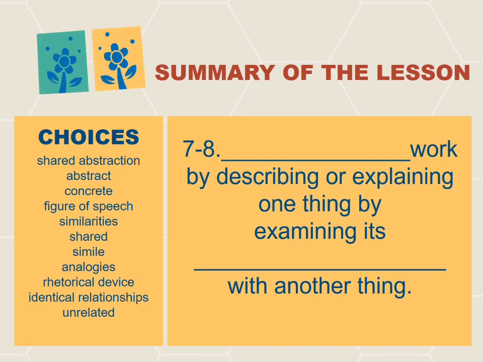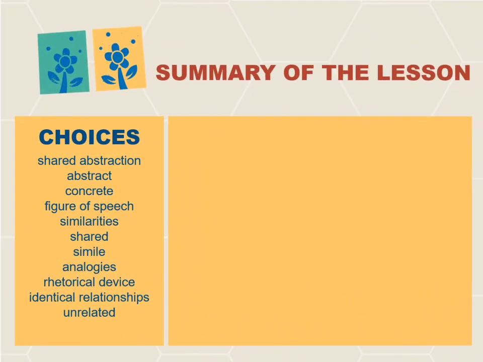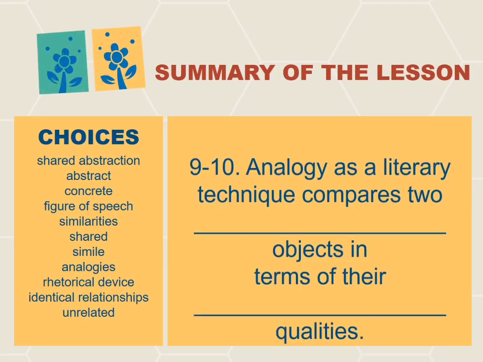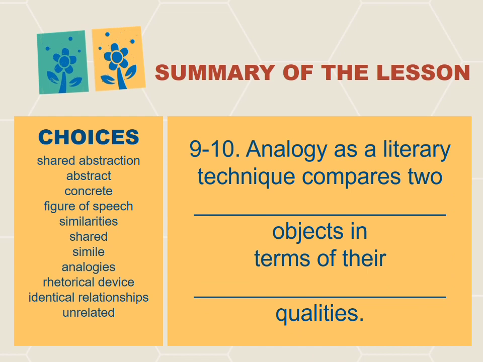Blank work by describing or explaining one thing by examining its blank with another thing. And numbers 9 to 10. Analogy as a literary technique compares two blank objects in terms of their blank qualities.